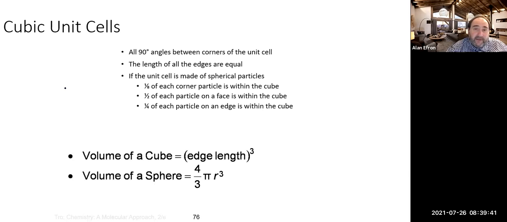If you have something that's on the face, if you take a cube out, it's going to split the atom right in half, and you would have a half of an atom on the face of it, and you'll have a fourth of an atom on the edge within each of the cubes. Now we're going to be talking about cubes here and really not spheres. So the volume of a cube is the length cubed.